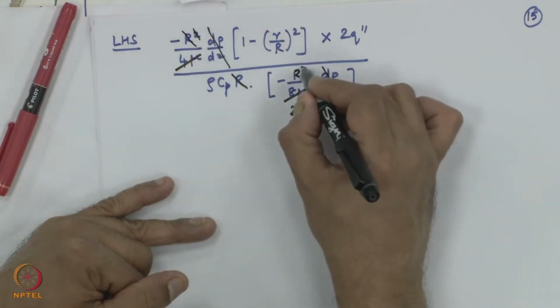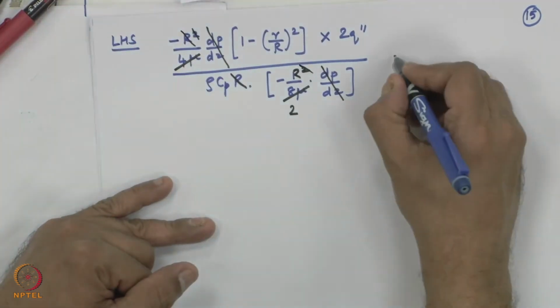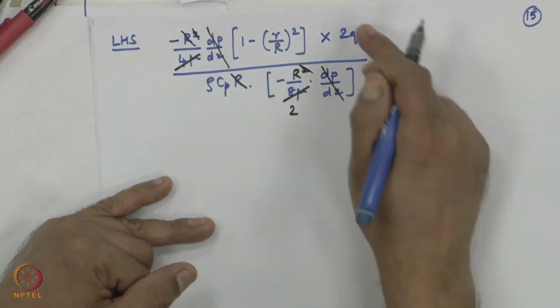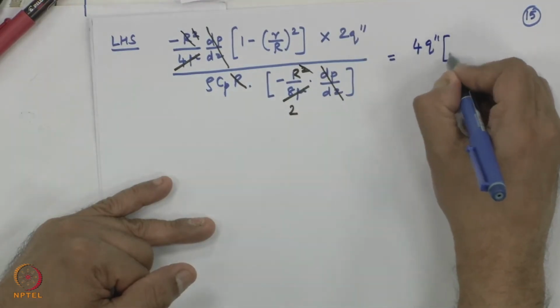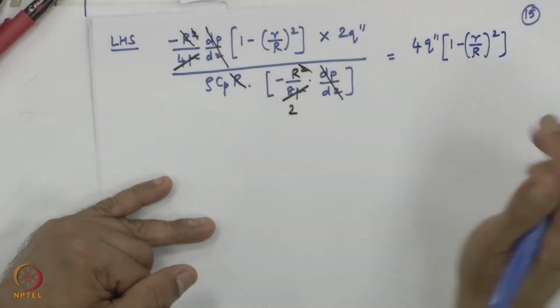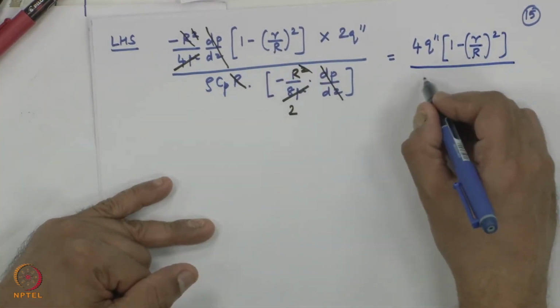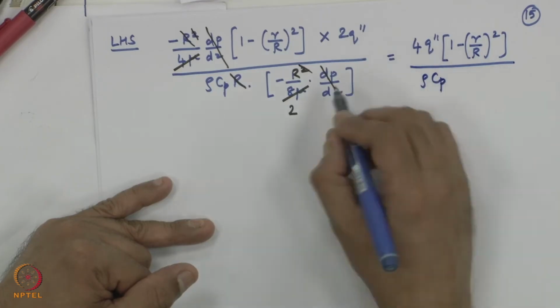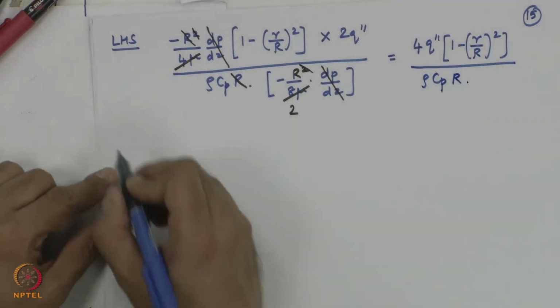Minus signs will appropriately cancel, and I am left with 2 going up. So, 4 q double prime times 1 minus r by capital R squared, divided by rho Cp, and 1 r which is left behind. This is your left hand side.